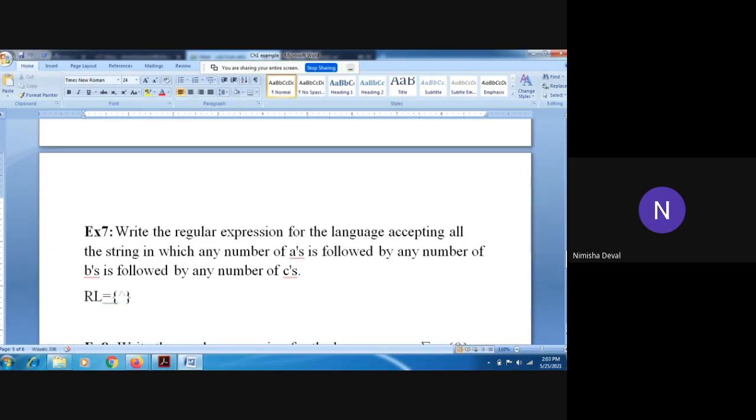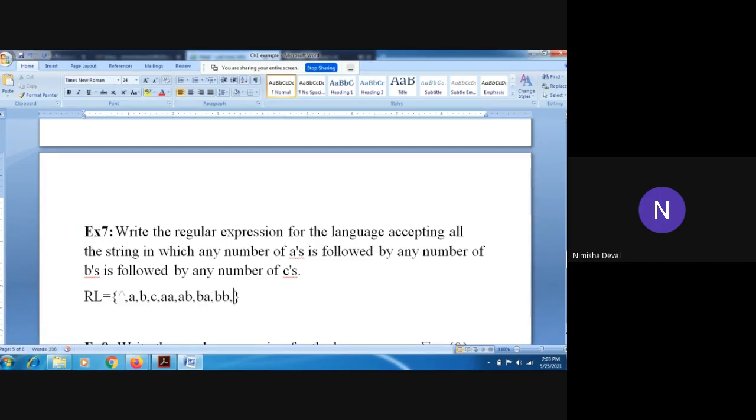Means any number. They have not mentioned whether we have to start with a single A, double A, or single B, double B. Likewise, we can take any number of occurrences of A, B, C. Null will be there, single A, single B, single C will be there. Then A will be there, AB, then BA, BB.